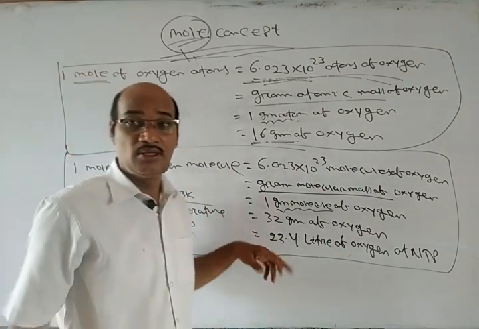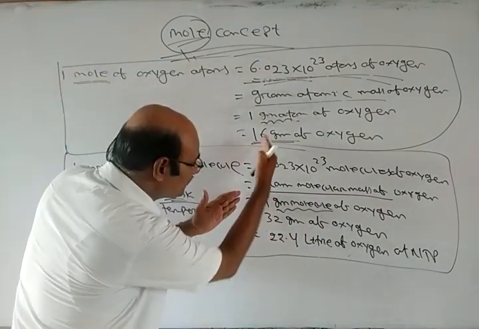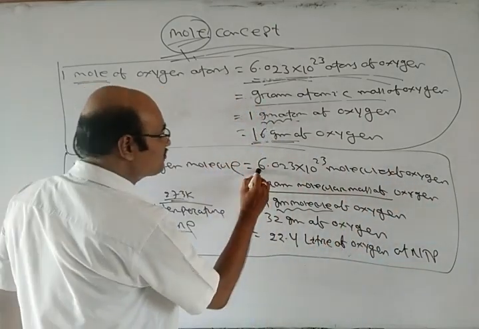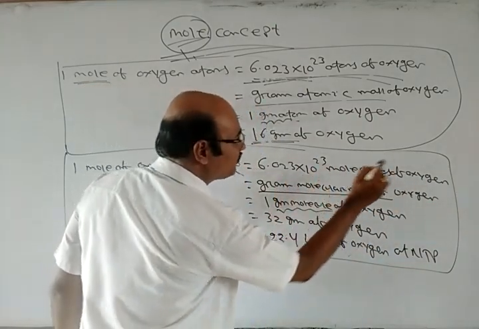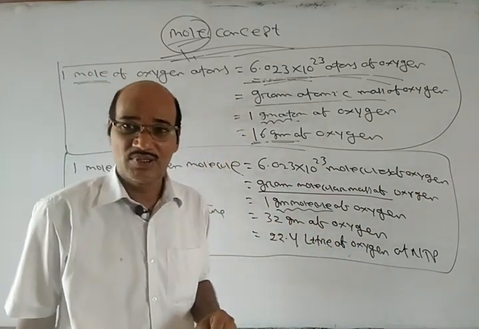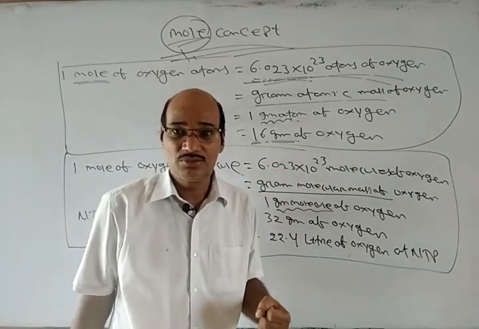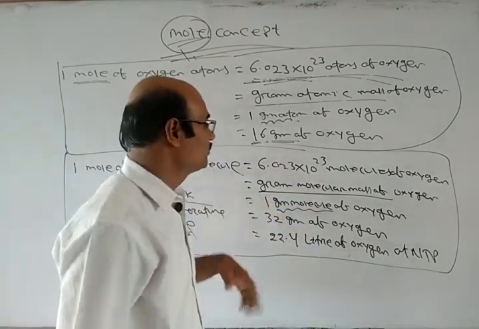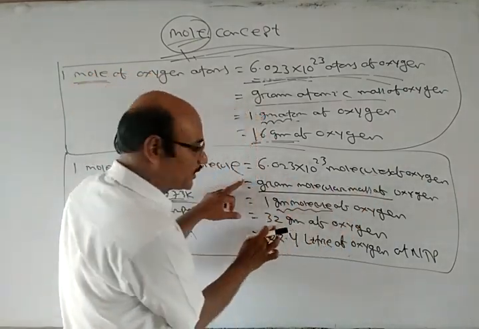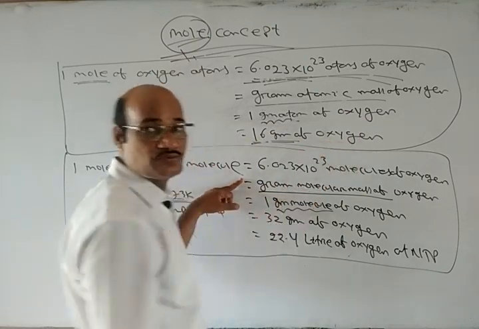Again, we can also relate the terms between these. See, 6.023 into 10 to the power 23 molecules of oxygen is equal to 32 gram. So what is the mass of a given number of molecules? Suppose x molecules of oxygen. This many molecules equal 32 gram, so 1 molecule is 32 divided by this number, so the mass equals that into x.